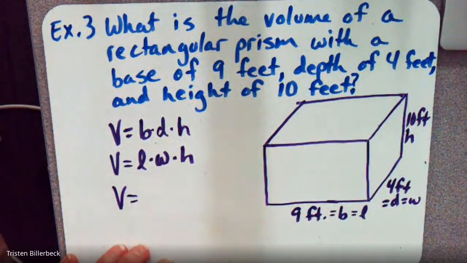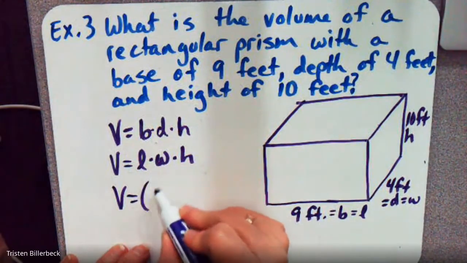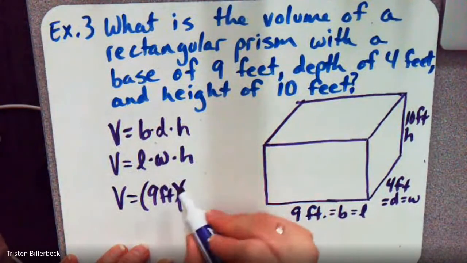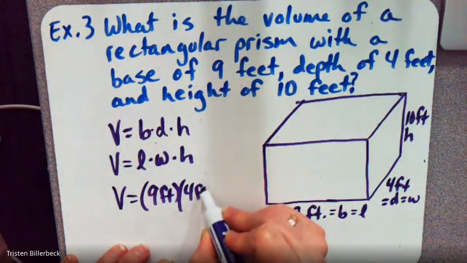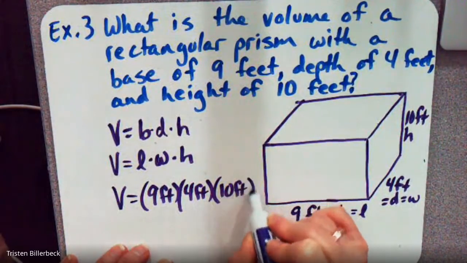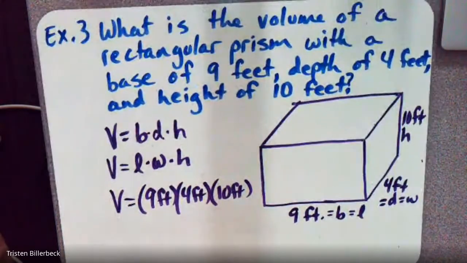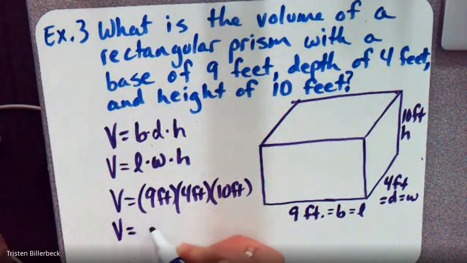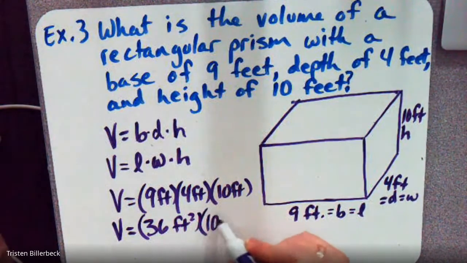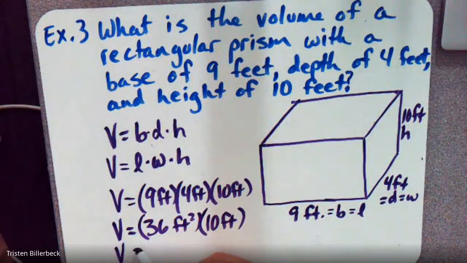So the volume then is the length is 9 feet. The width is 4 feet. And the height is 10 feet. So when we multiply this out, we get the volume is 36 feet squared. And then when we multiply by 10 feet, all we have to do for that multiplication is to add a 0 to this.